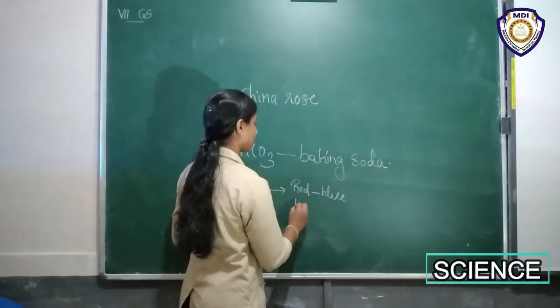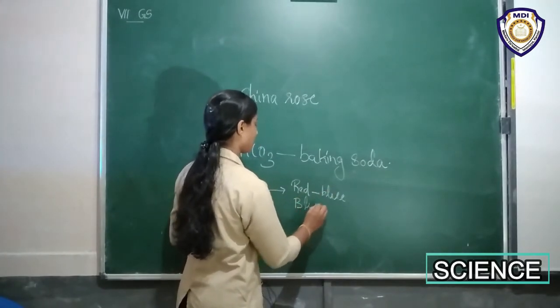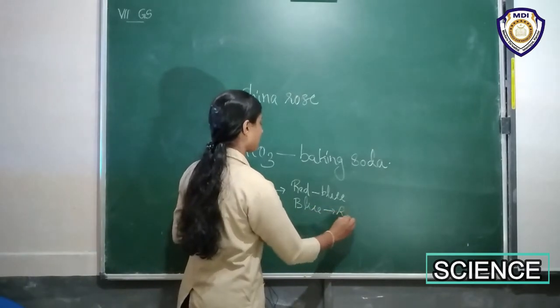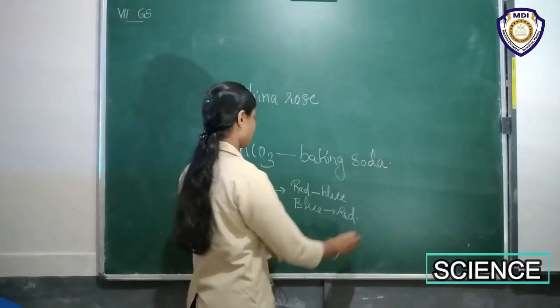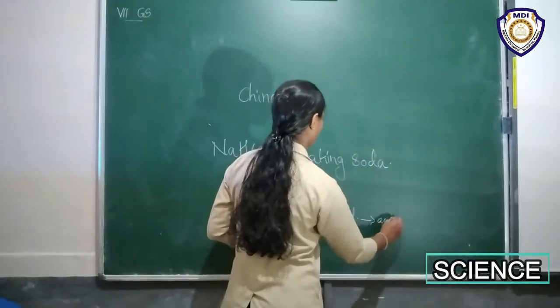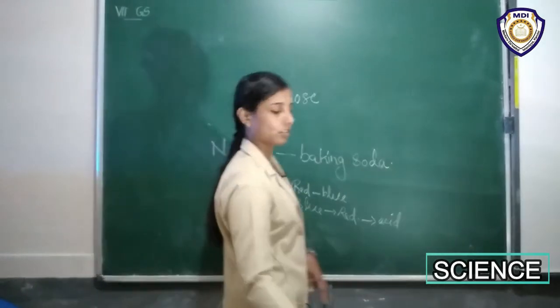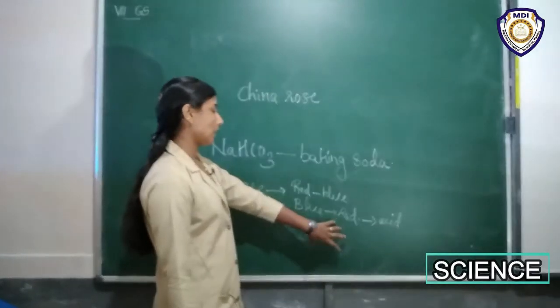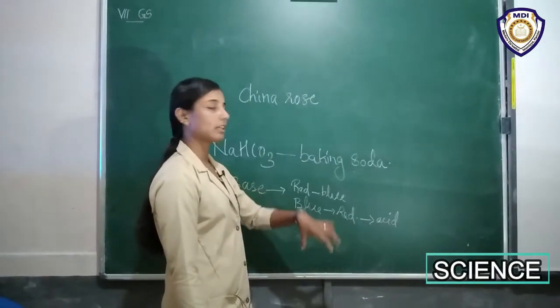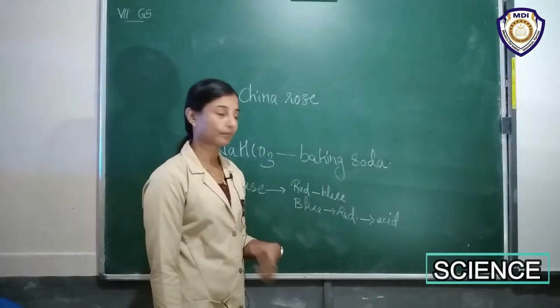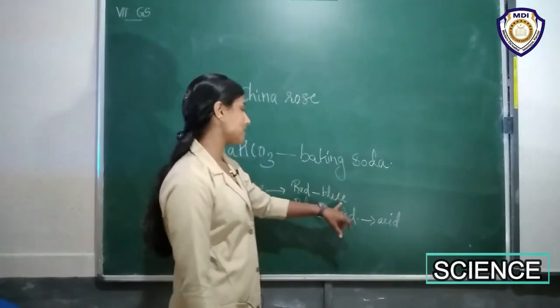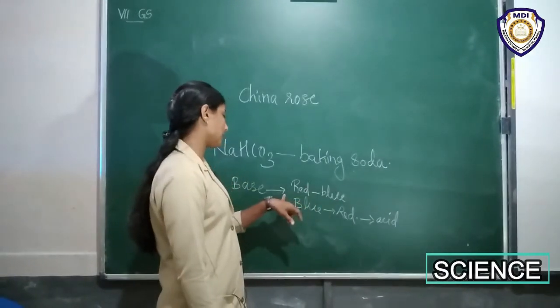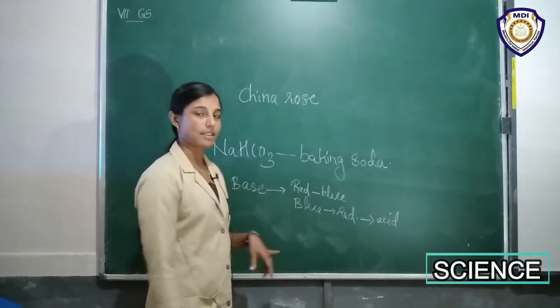And blue to red means it is an acid. So you should keep this thing thoroughly in your mind. Red will change its color into blue when it acts on a base.